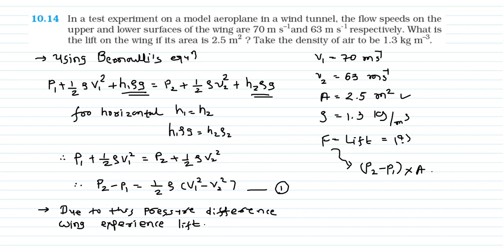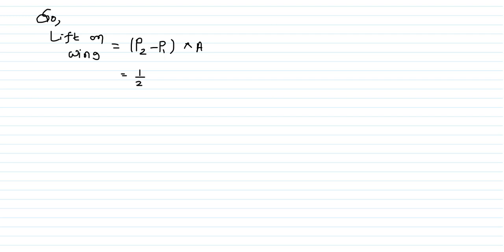Okay, so here this lift is given by: lift on the wing is the pressure difference P2 minus P1 into area. Okay, what is P2 minus P1? That is 1/2 rho (V1 square minus V2 square) into area.